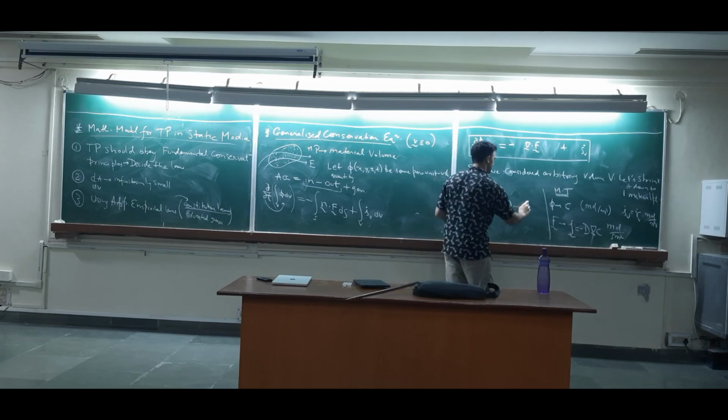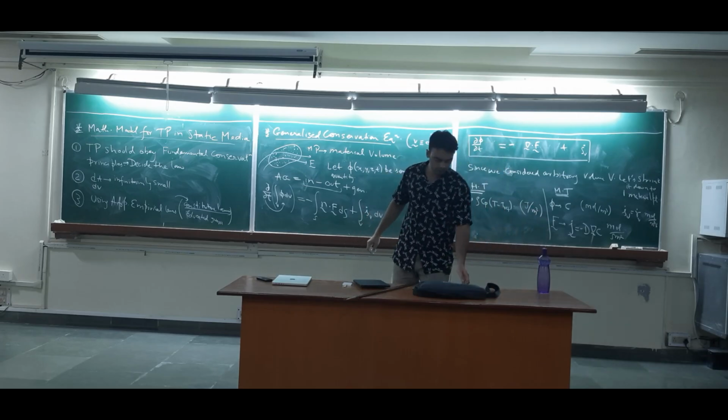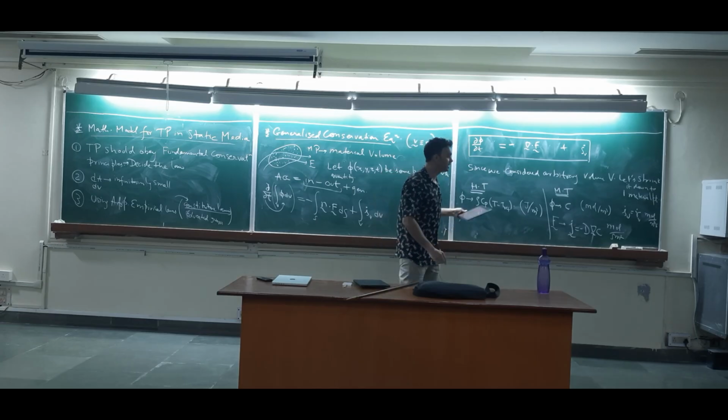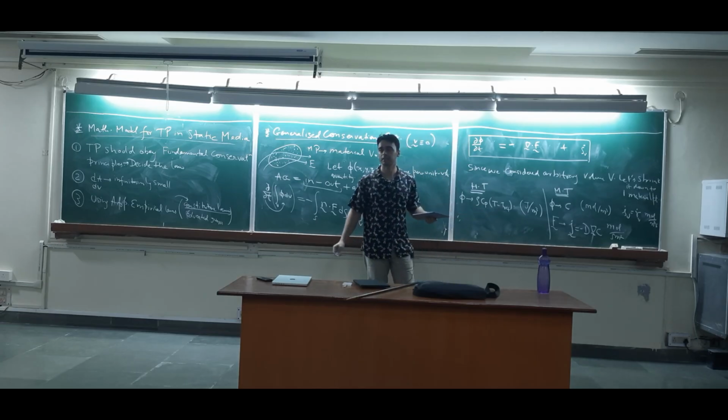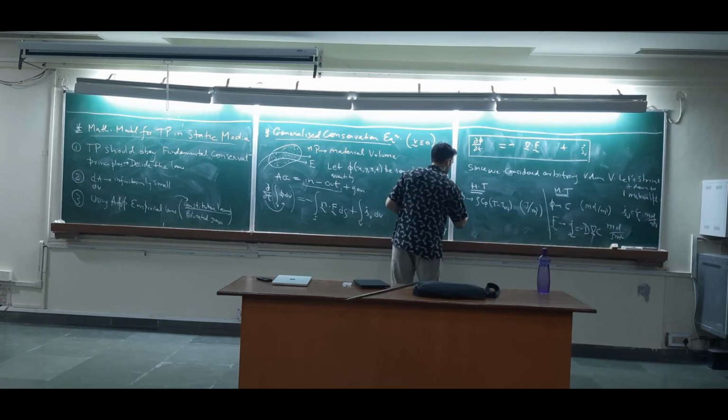What's the unit? Joule per meter cube, right? Because m Cp delta T is joule, rho Cp delta T is joule per meter cube.